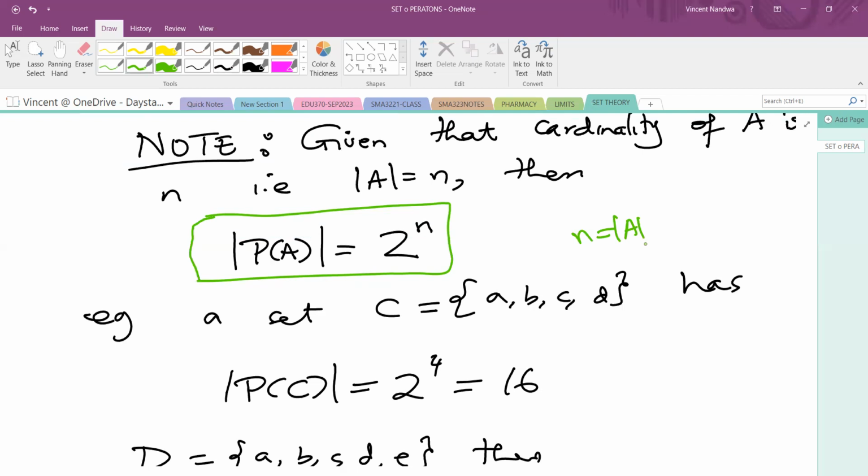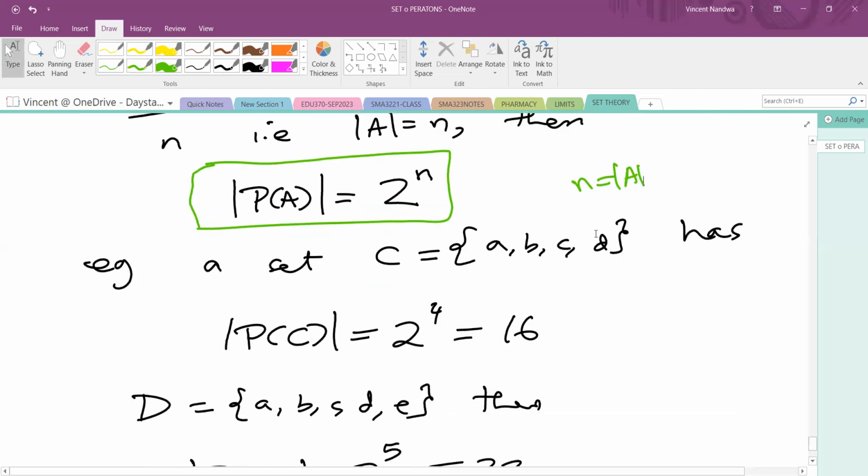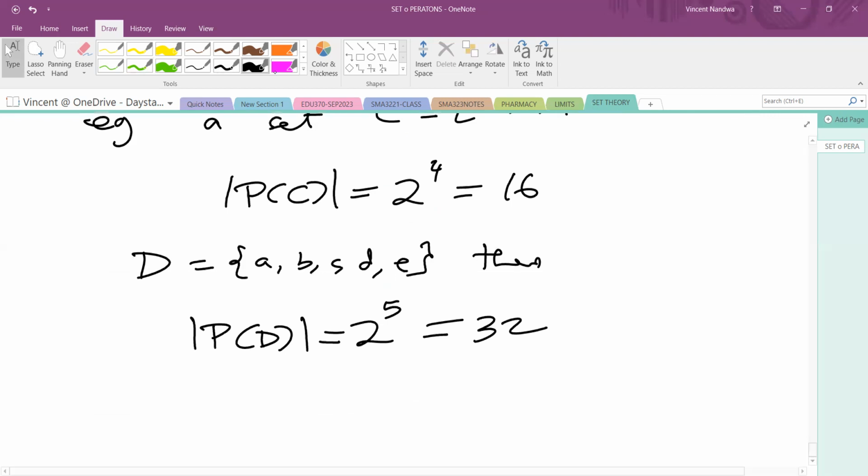Either you can get the cardinality of the power set, or you can get the cardinality of the set in question if you have the value for the cardinality of the power set.